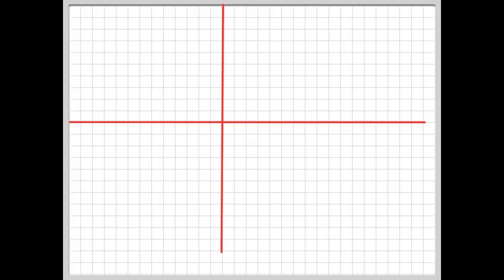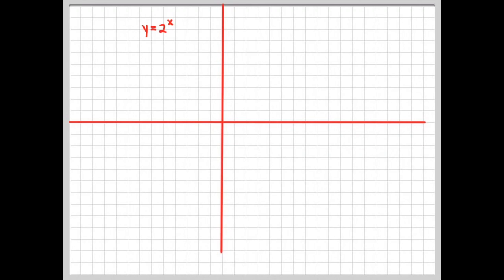Actually, I changed my mind. Let's use this one, because we're going to need to go back and forth. So we'll start by graphing the parent function y equals 2 to the x.